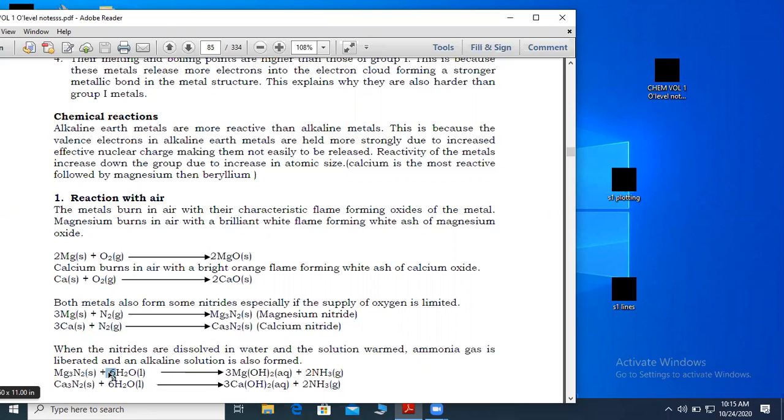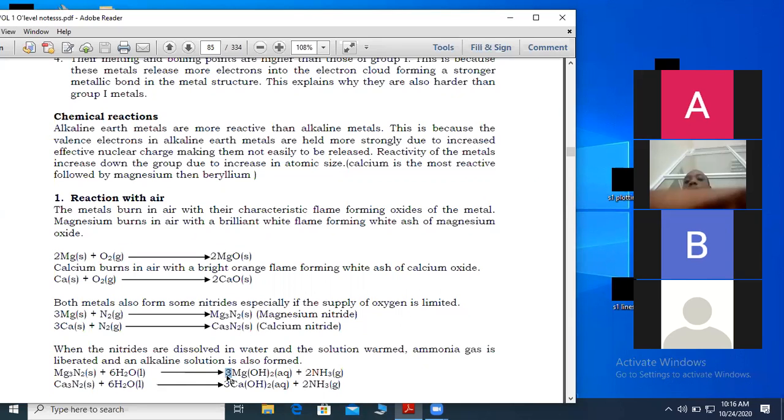When you put 6 on water, or alternatively, the magnesium atoms here are 3. So on the right hand side, you must put 3 on magnesium. And when you put 3, the oxygen atoms become 6 now. 3 times 2 becomes 6, and you have to put 6 on water.